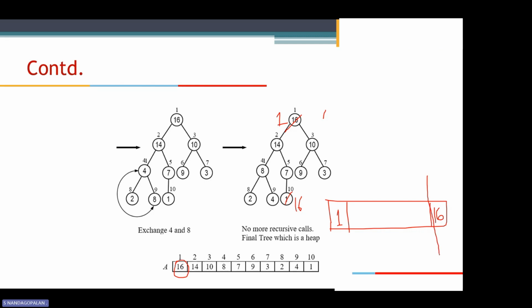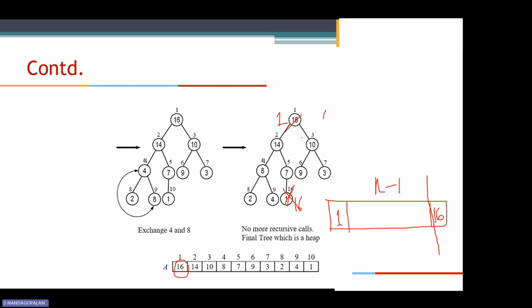That means I need to concentrate now on only n-1 elements, because already I have moved my largest one here. Once I move this, it becomes n-1 elements, obviously. That means this is no longer required. But the problem is my heap is spoiled because my root is no longer greater than its children.